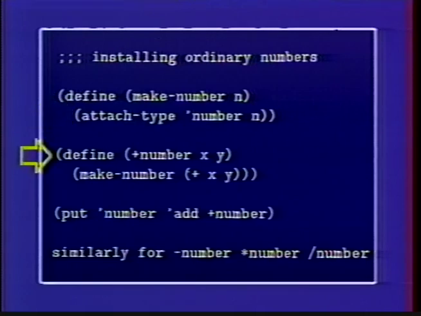We build a procedure called plus number, which is simply add the 2 things using the ordinary addition, because in this case we're talking about ordinary numbers, and attach a type to it, make that a number. And then we put into the table under the symbol number and the operation add this procedure plus number. And then same thing for subtracting and multiplying and dividing.